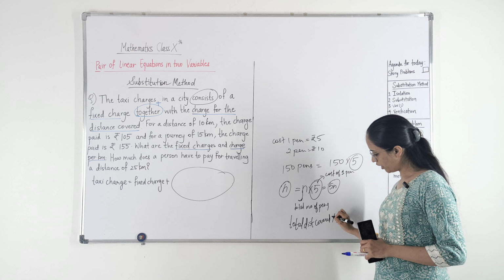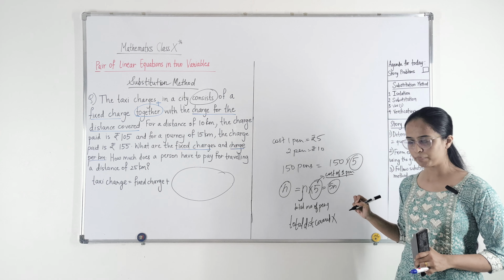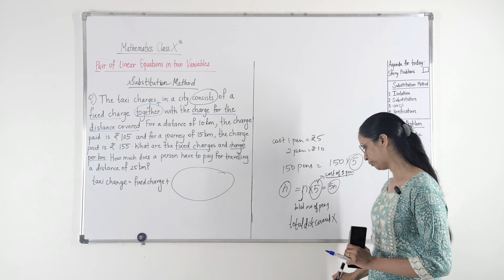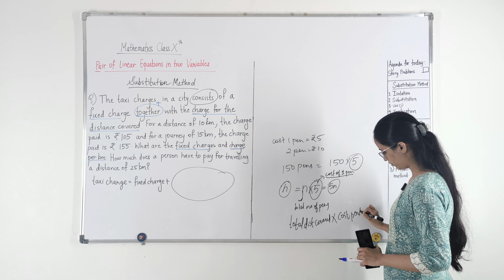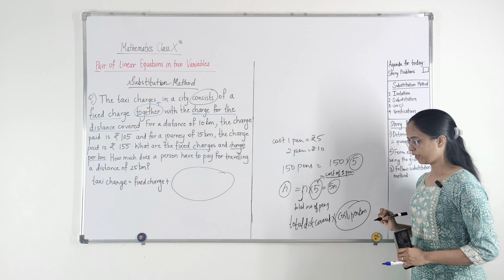And this total distance covered would be multiplied with, now here we had the cost of one pen, but in this case we would have the cost per kilometer. So this is your cost per kilometer, right?